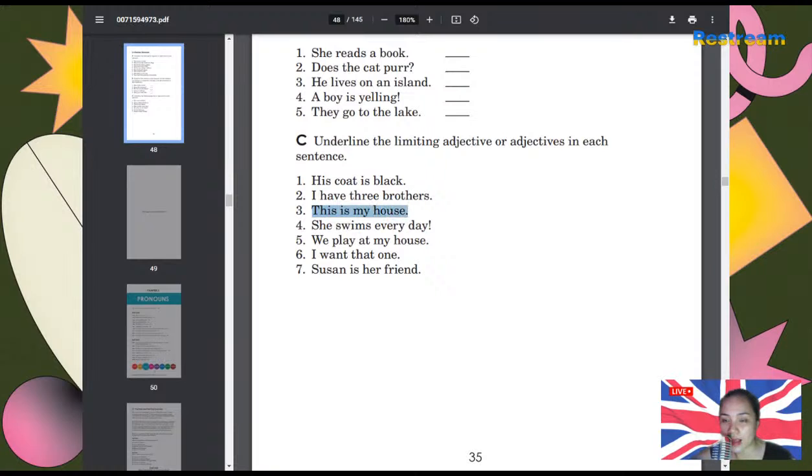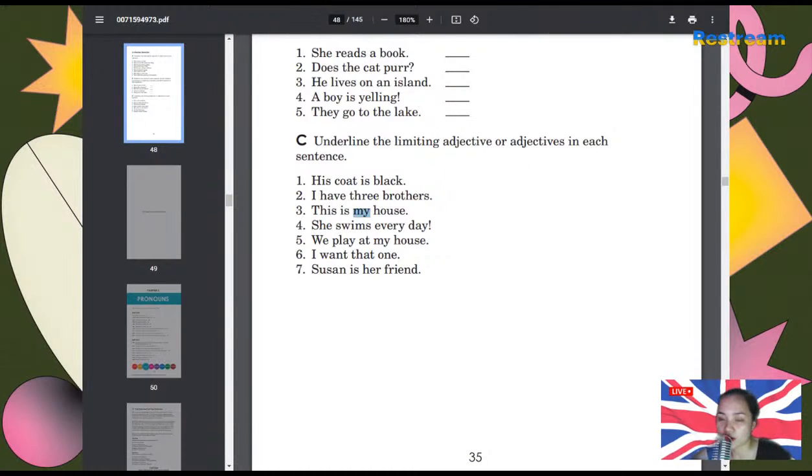This is my house. This is my house. So what is the limiting adjective there? The limiting adjective there is my, the pronoun my.